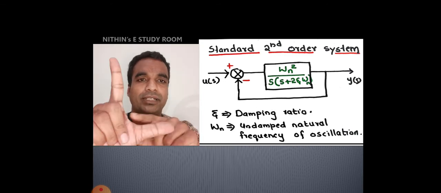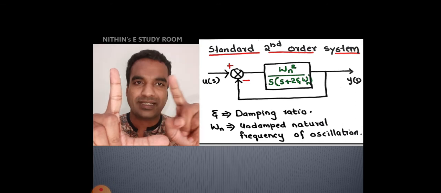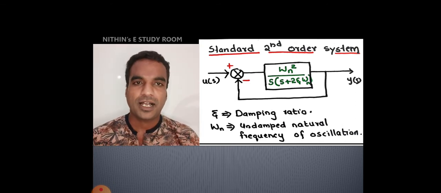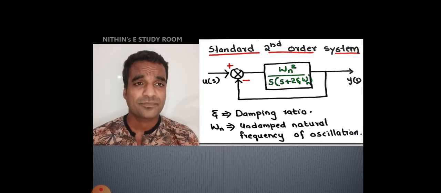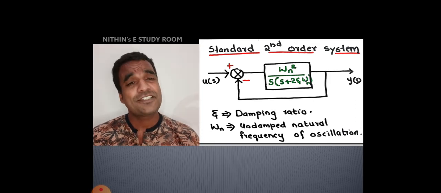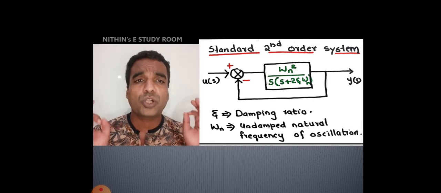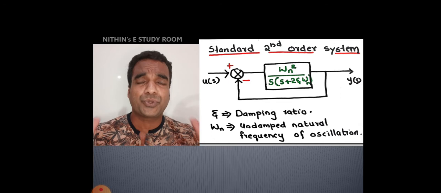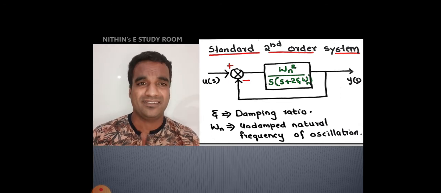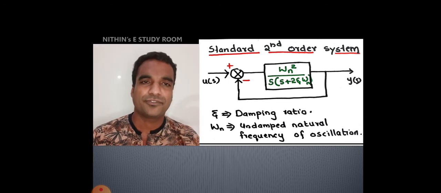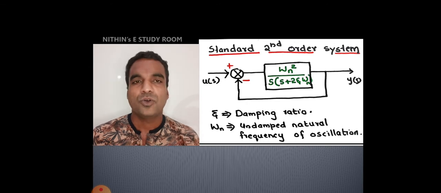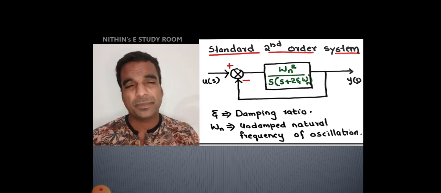It may be 0 initially, but after some time it should touch the final value 1, as we discussed in the last class. But if it is a second order system and you are not providing any mechanism to provide damping or to reduce that oscillation, or you are not providing any friction element, then what happens?